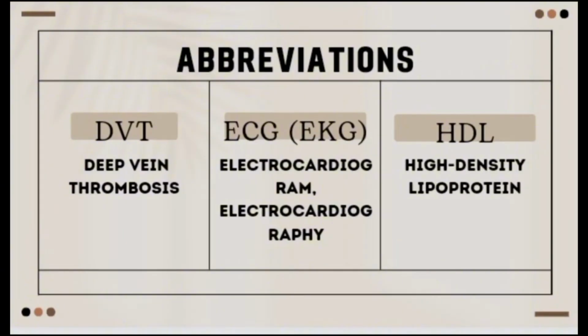Electrocardiogram or electrocardiography, or ECG. It is a medical test that records the electrical activity of the heart over a period of time. It's commonly used to diagnose heart problems by measuring the heart's rhythm and detecting any irregularities or abnormalities.